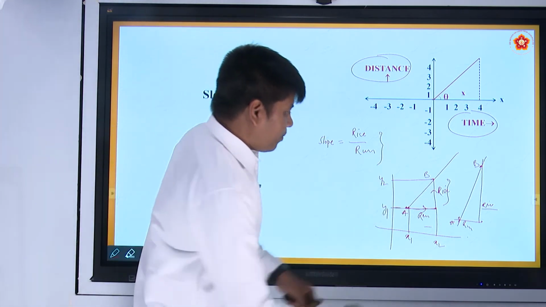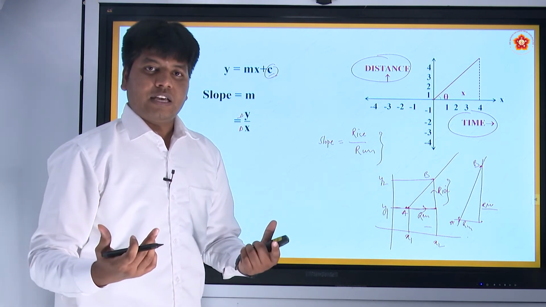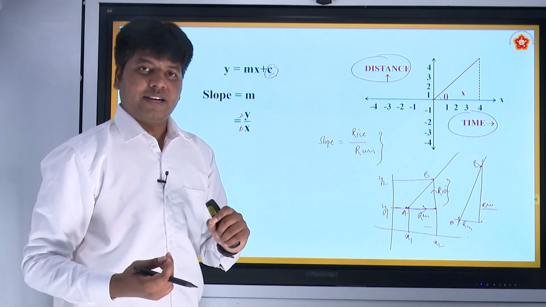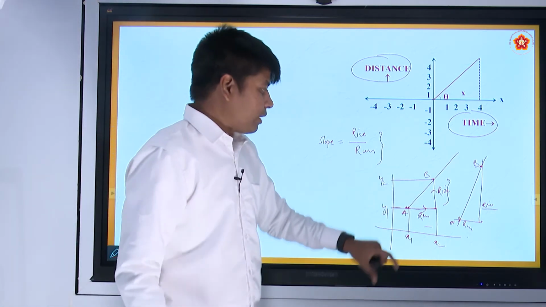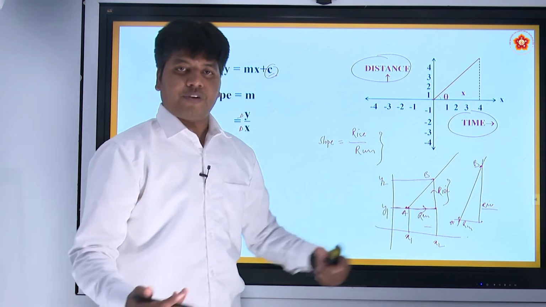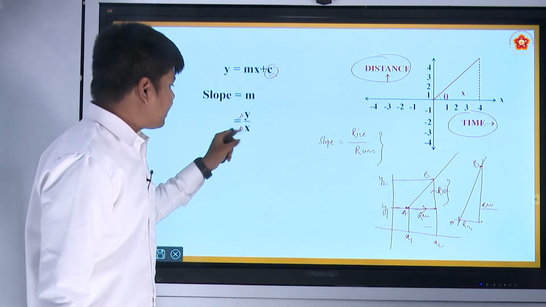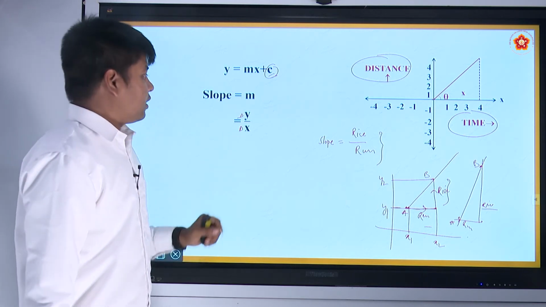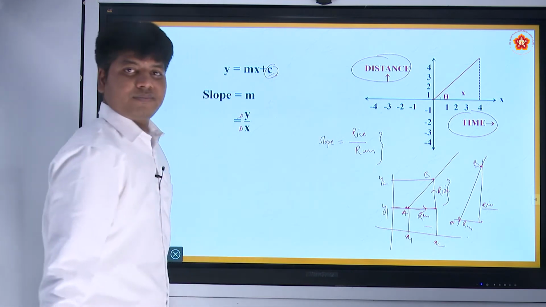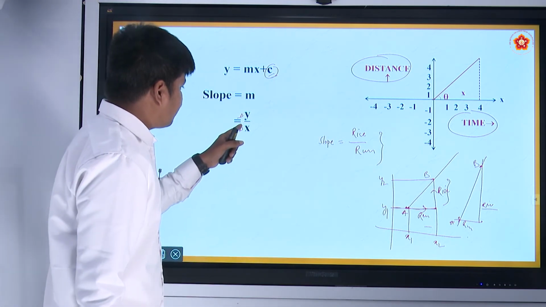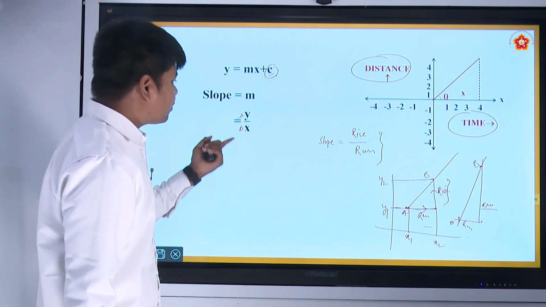So how much rise have you made? You can always tell the rise when you have 2 points. With 1 point you cannot say you have a rise. You need 2 points to find a slope. So this should be delta y by delta x. Now why is it written as y by x? Because you know c equals 0. As c is 0, y minus 0 by x minus 0 gives you y by x. So this gives you the slope.